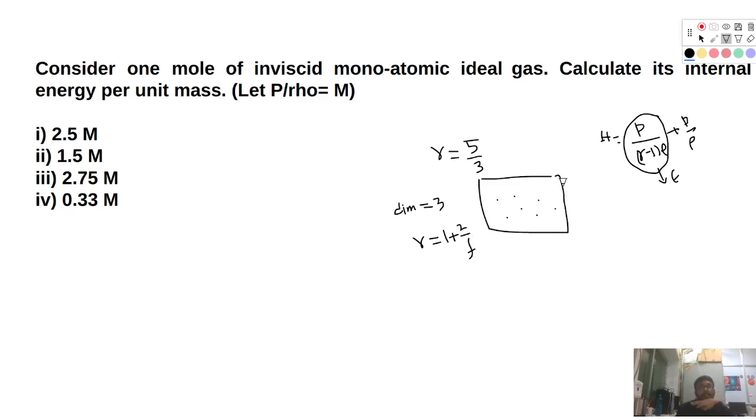Now you don't have any constraint. If you consider a particular gas molecule, it can go in any direction. So in x, y and z space, you have to specify these 3.